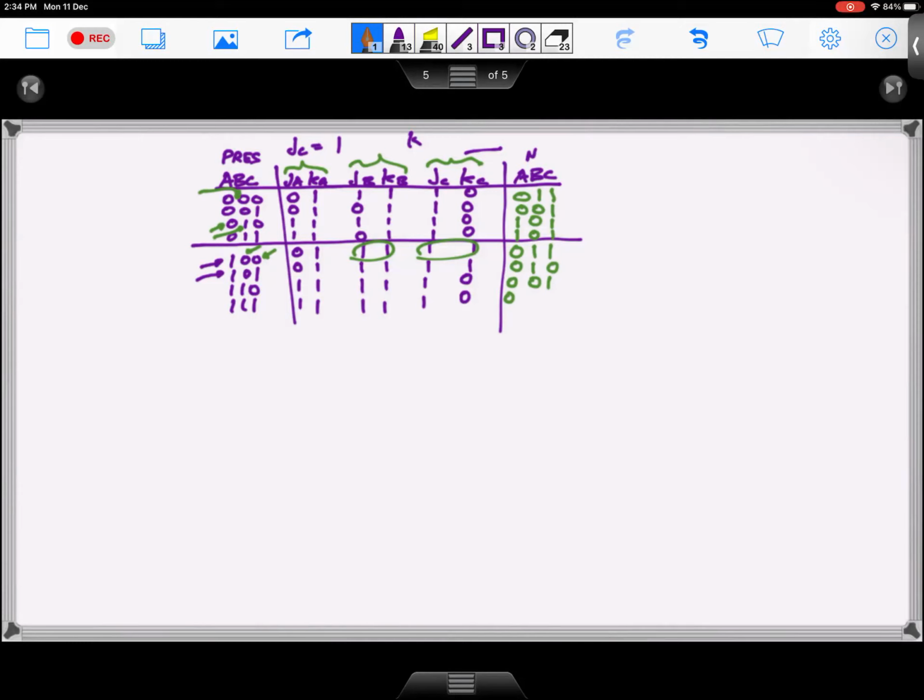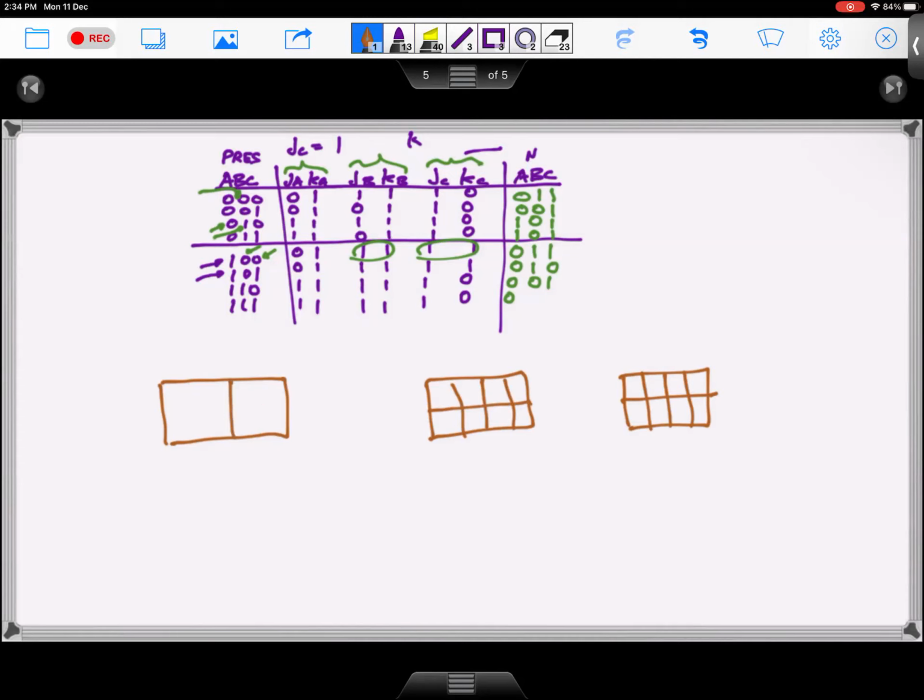Now the state equations are found from the next state in terms of the present state. We shrunk a little bit there, but we're good to go.